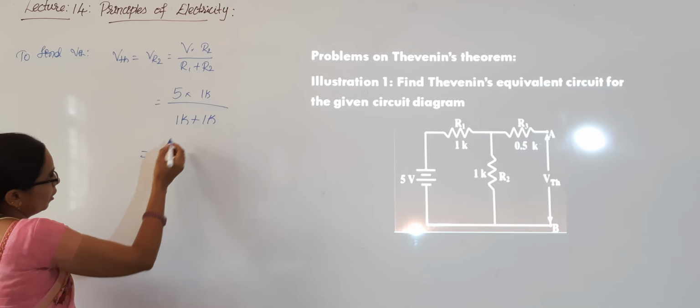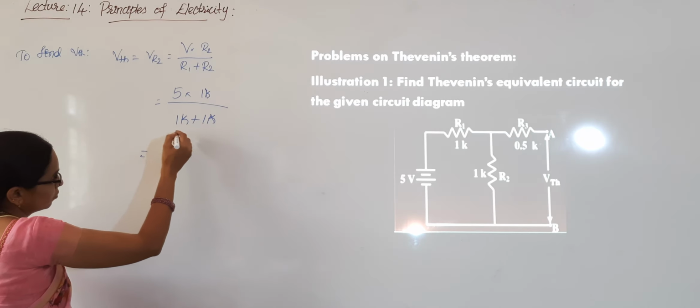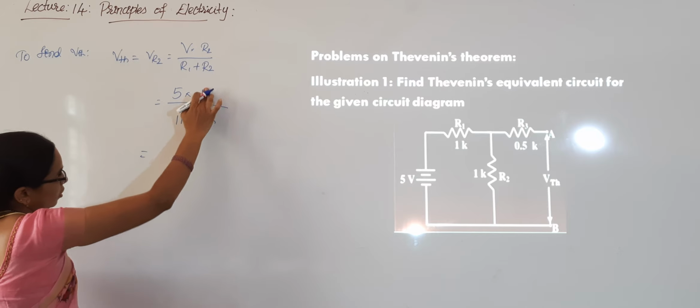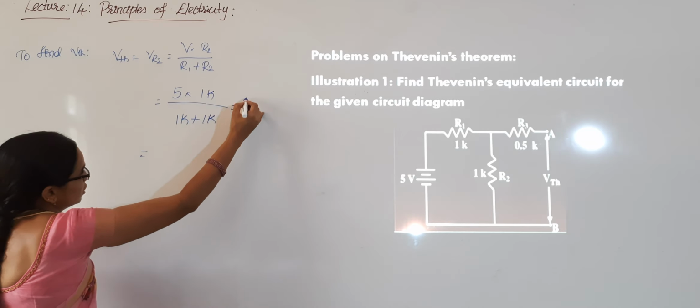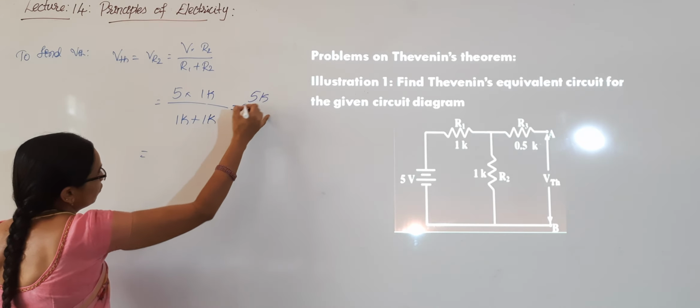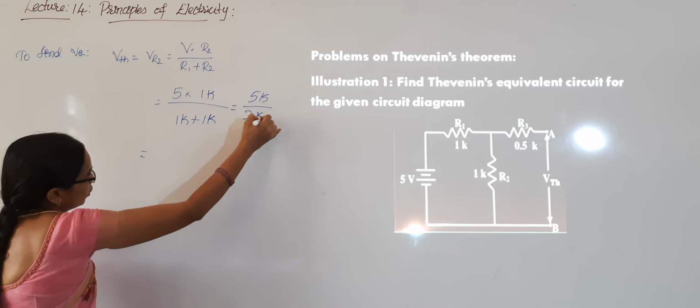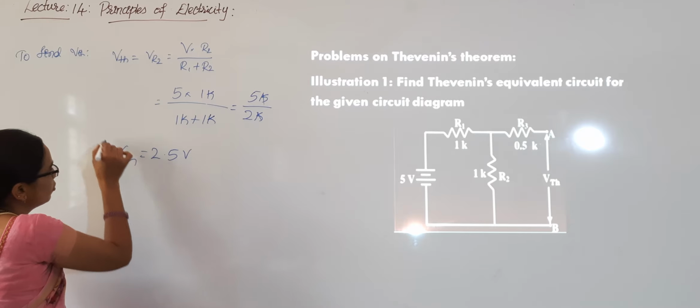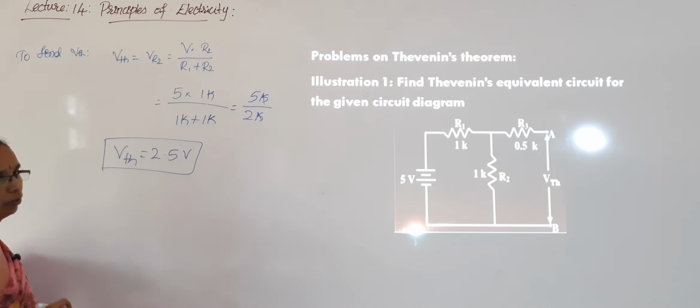You cannot cancel like this. This will be equal to 5 kilo divided by 2 kilo, 2.5 volt. VTH will be 2.5 volt.